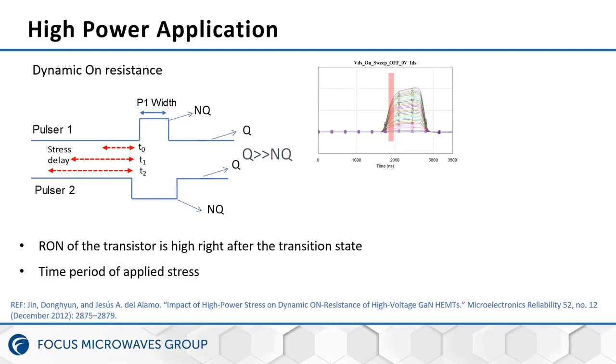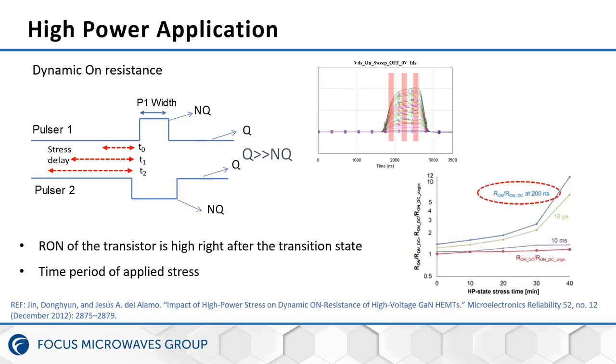For the results published in this paper, a very long pulse width was used. If we scan through the different timestamps within this pulse, we see that at 200 nanoseconds, which is right at the transition stage, the dynamic on resistance is very high.